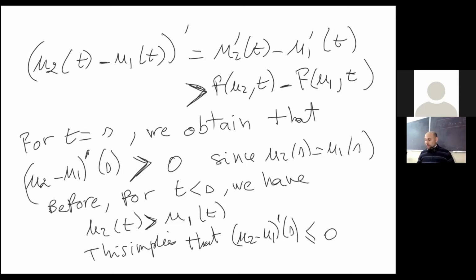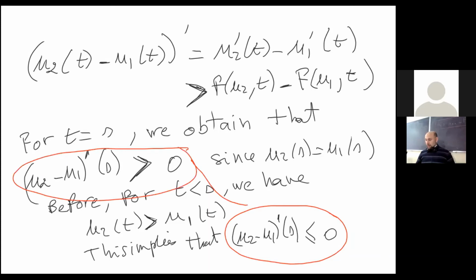So we got a contradiction, right? We got a contradiction because here we have this, and here you have this. And so that's not possible. So this s doesn't exist, right? And that's it.